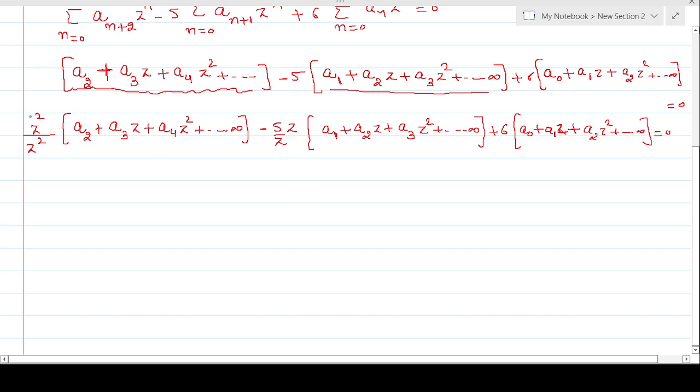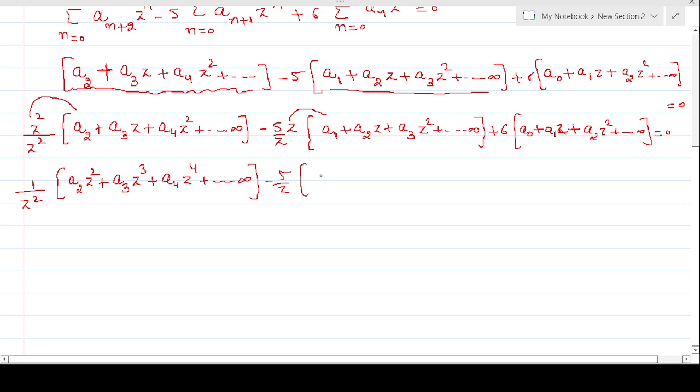Now you multiply this z square inside this bracket. So it is A2 into z square plus A3 into z cube plus A4 into z raised to the power 4, like this. And you multiply this z inside this bracket. So what do you get here?